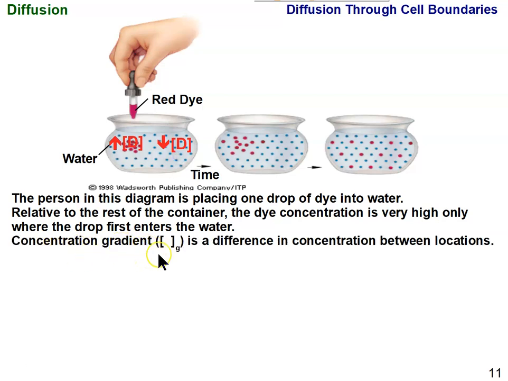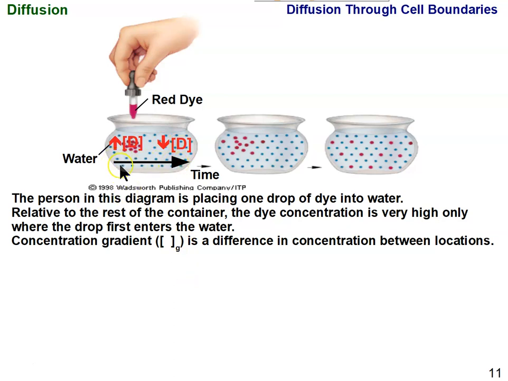So that means that there's a concentration gradient here from where there is a high concentration of dye to where there is a low concentration of dye. That's what we call a concentration gradient. So a concentration gradient is simply a difference in concentration between locations within a solution, or, as you'll find out, across a membrane.